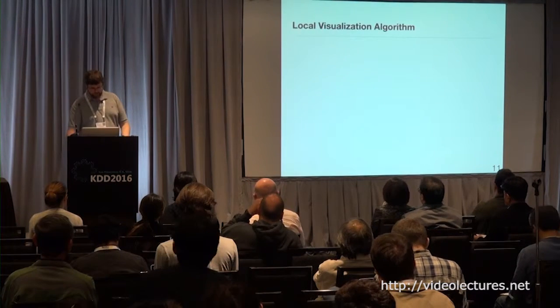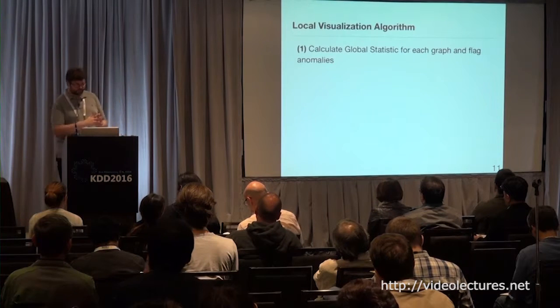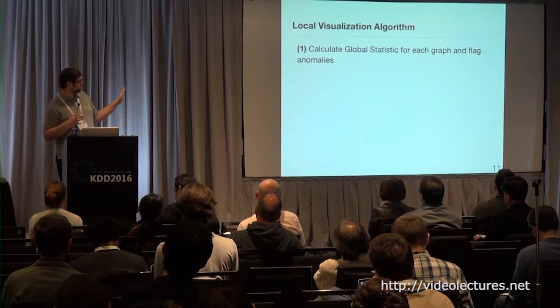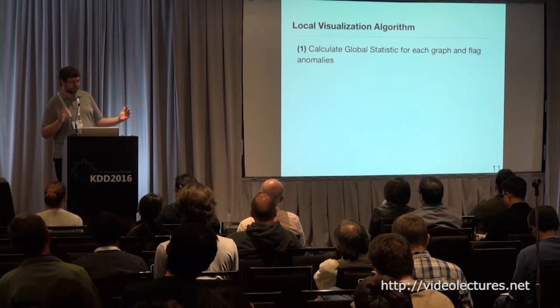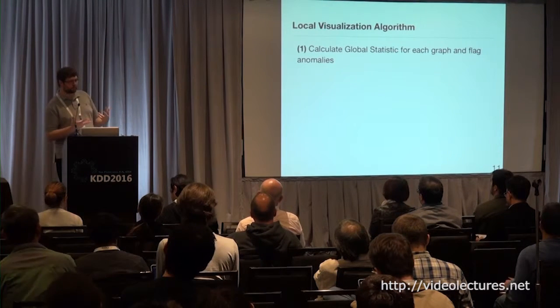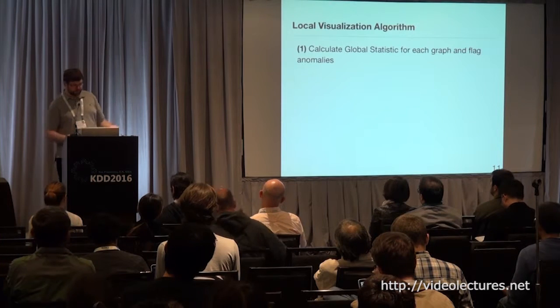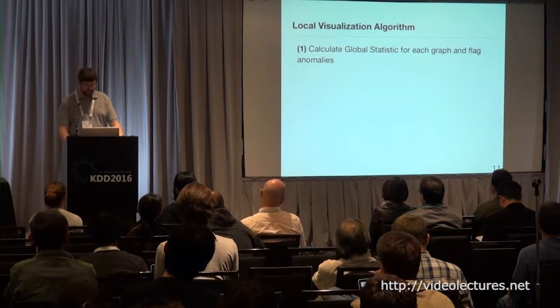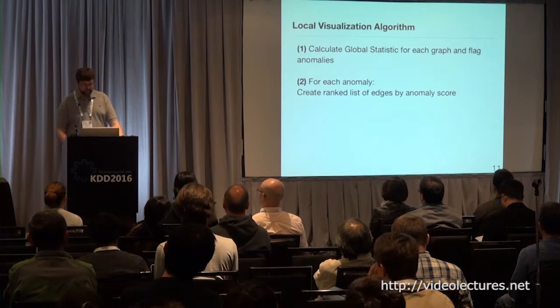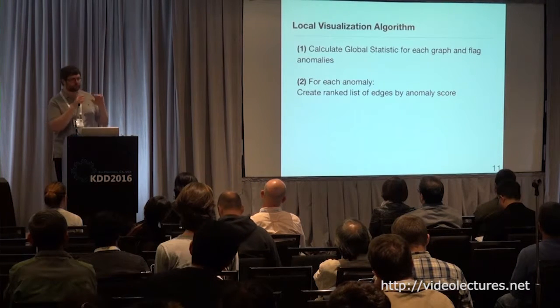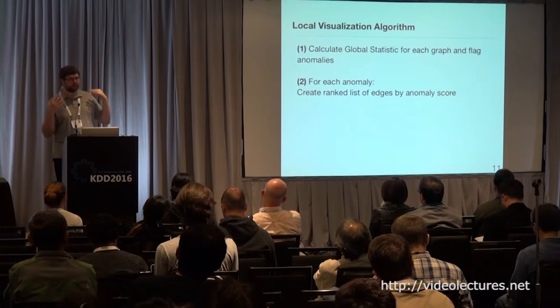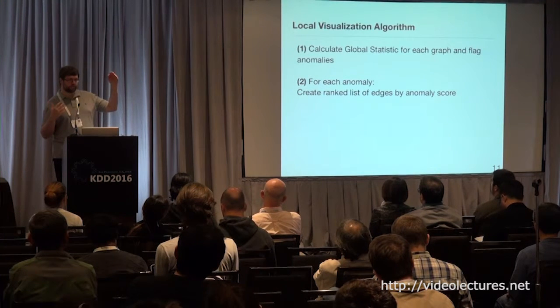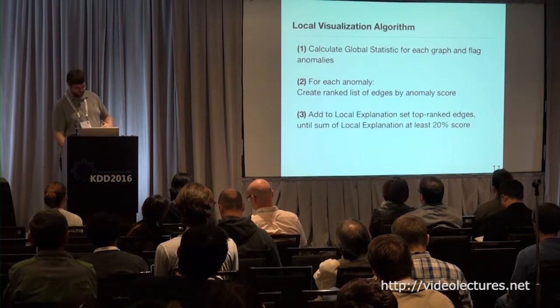Now, the exact algorithm that we use is first you need to apply your global statistic anomaly detector to the time series of graphs to identify which networks are going to be anomalous and which ones you're going to analyze. Then for each of those detected anomalies, you're going to create a ranked list of the edges or nodes based on highest contributor to the anomaly score to lowest.